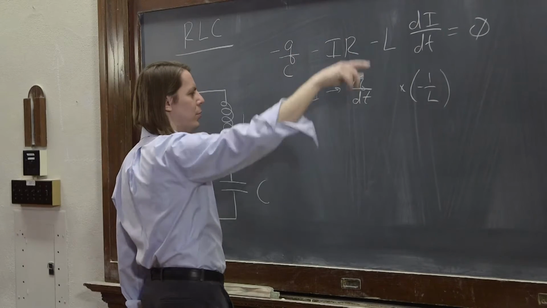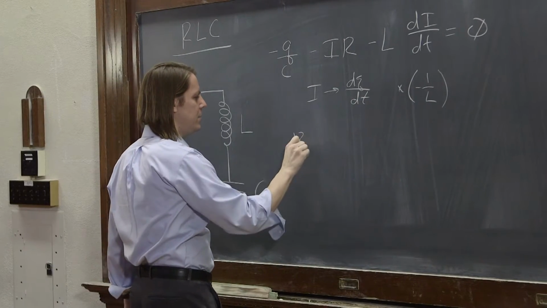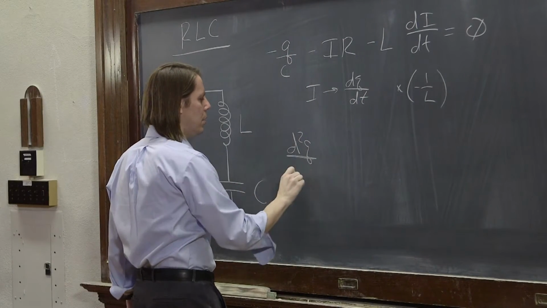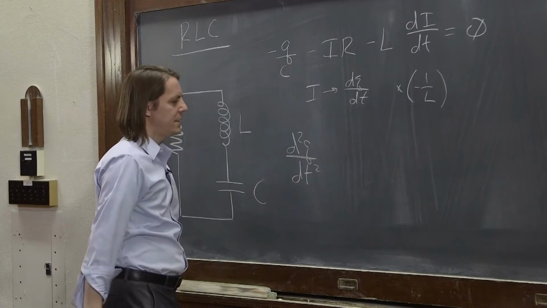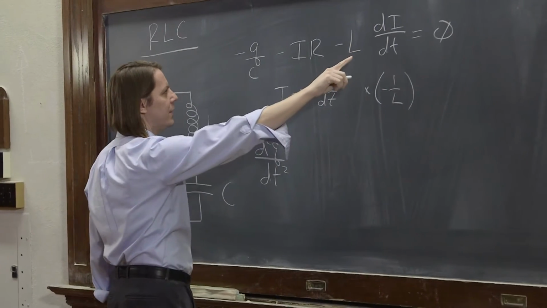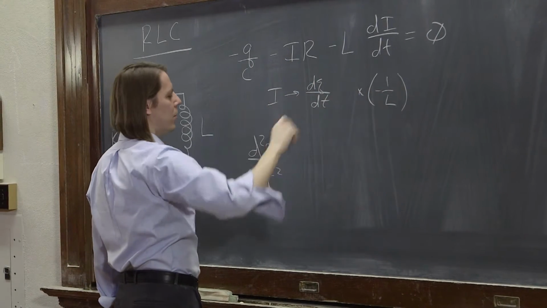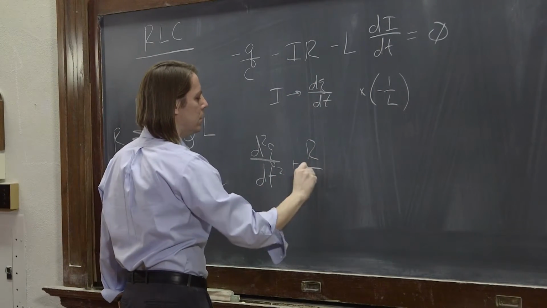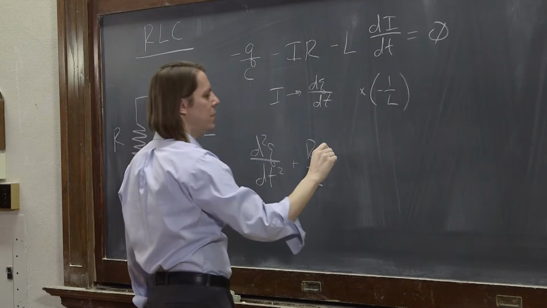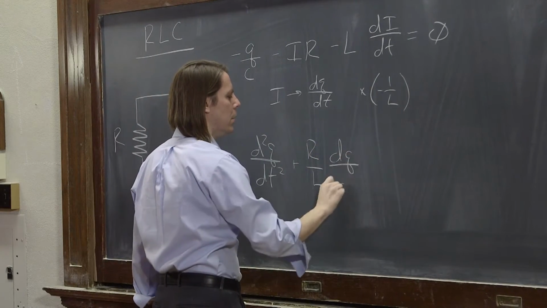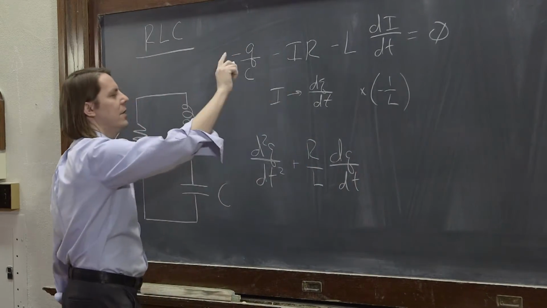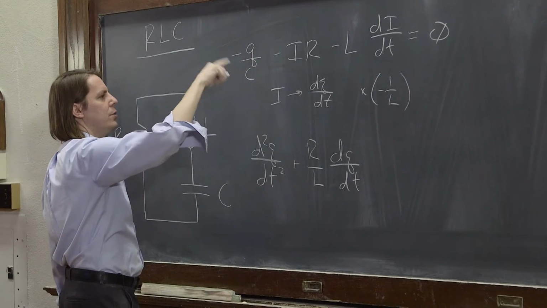So if we do that and reorder them a little bit, we get d2q dt2 on that term, plus, and then you would go to your next order derivative, that's positive R over L times dq dt, and then also positive Q over LC.